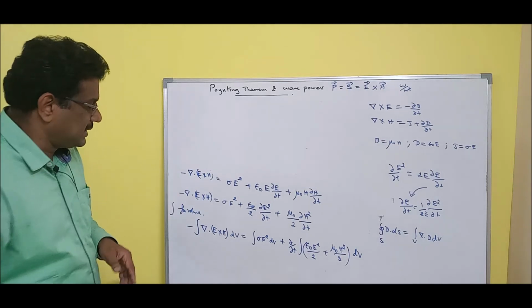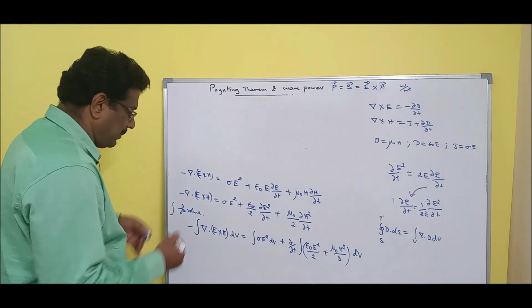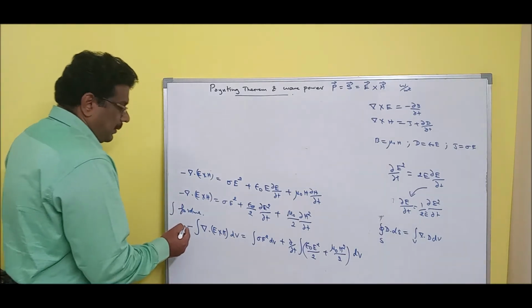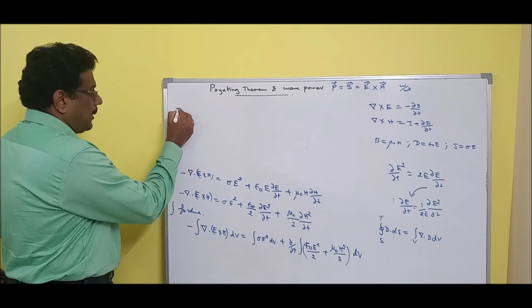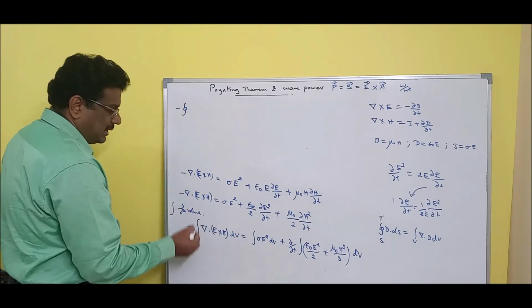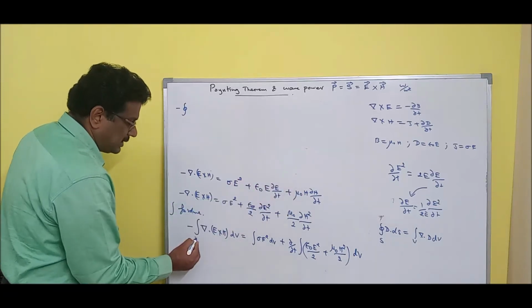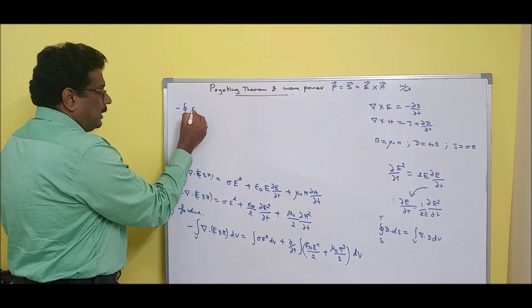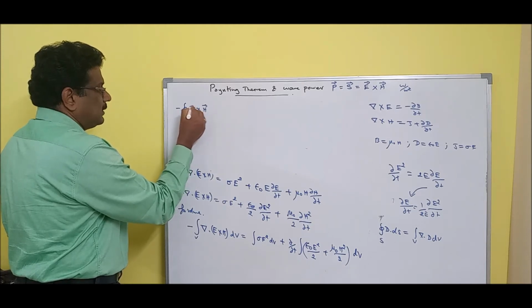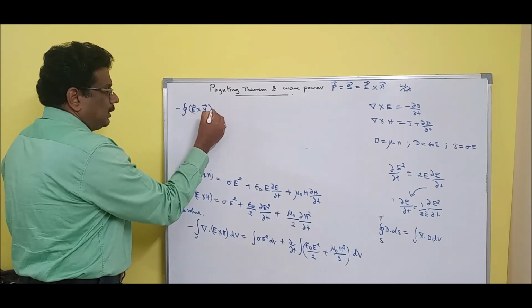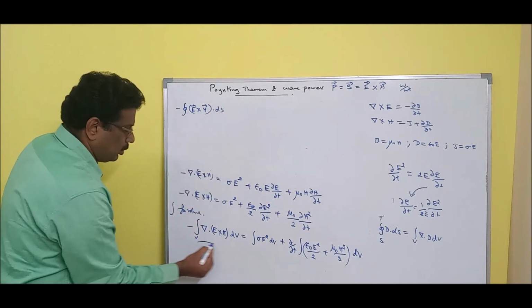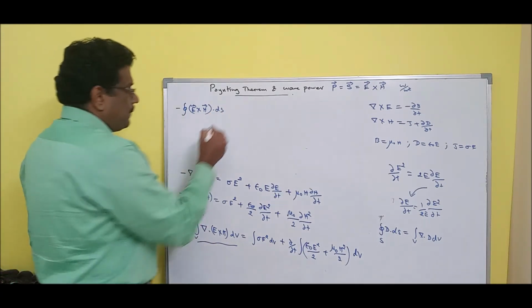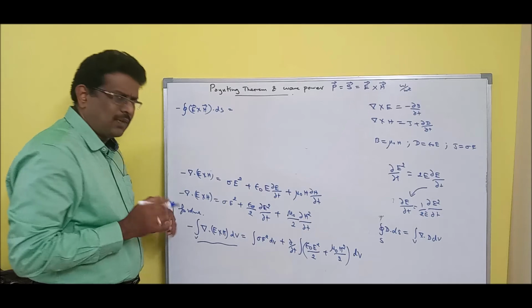From the divergence theorem, just make note, we have minus closed integral, this particular term is converted. This left hand side, the volume integral, is now converted to E cross H dot dS. The left hand side is converted from volume to surface.